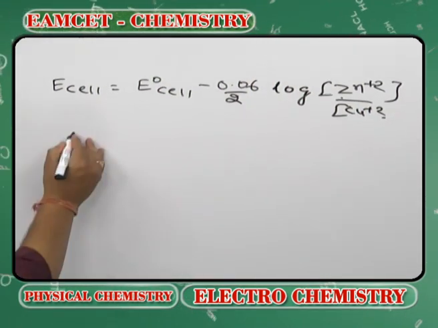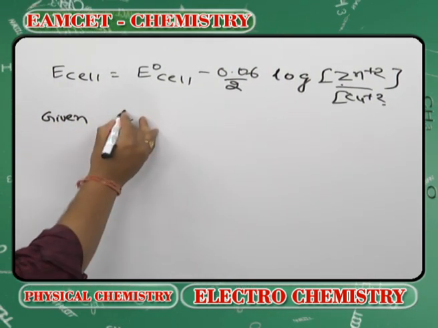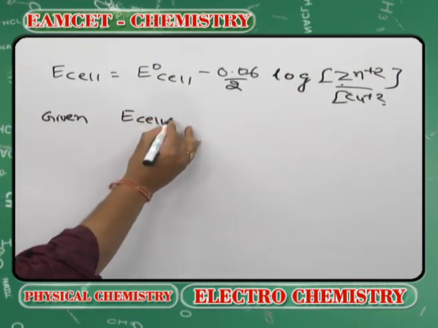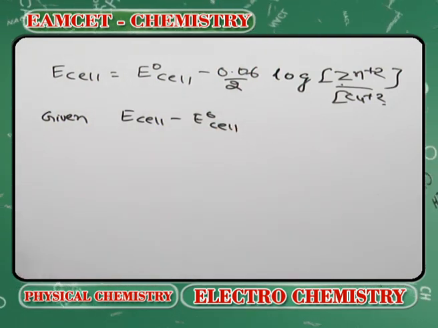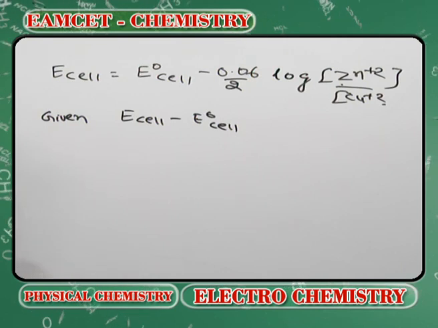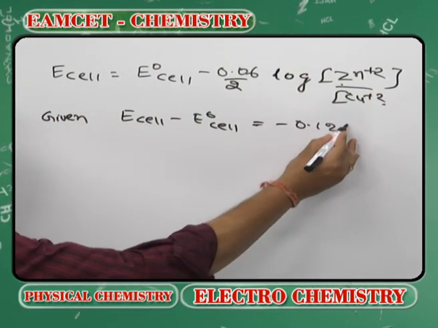So what is given here? E cell minus E naught of the cell must be equal to minus 0.12 volts.